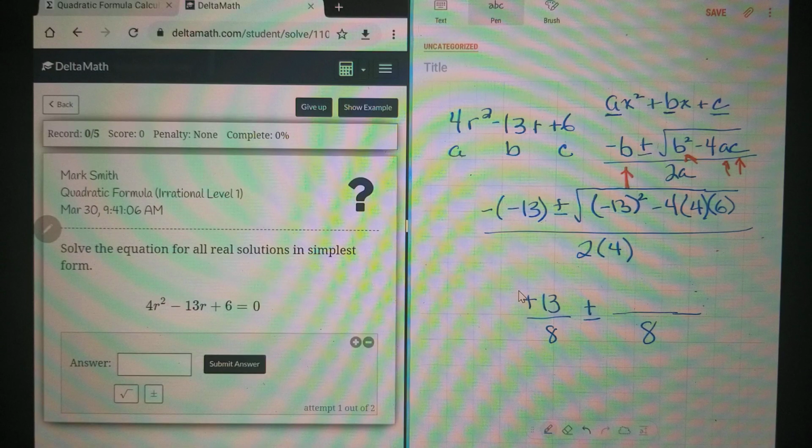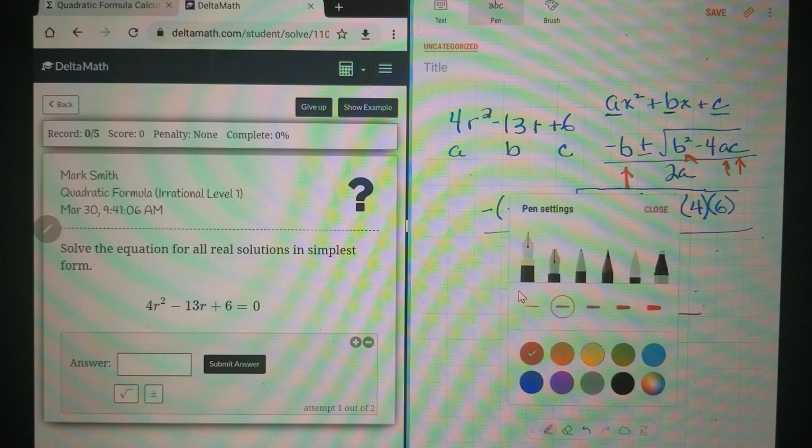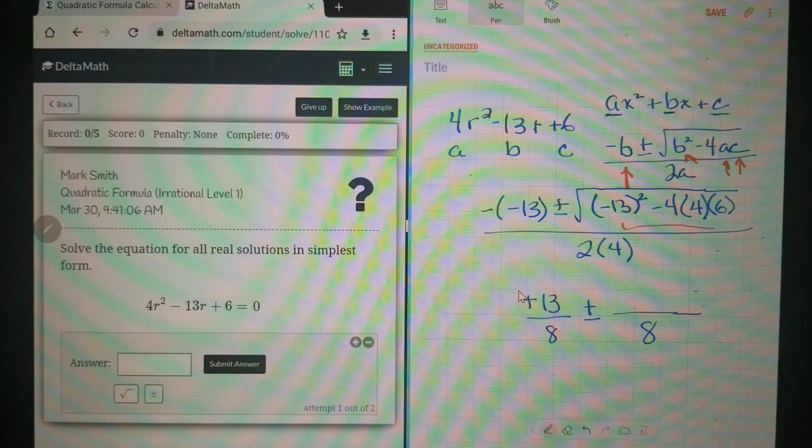Now I have to figure out what all of this stuff is underneath the radical. 13 squared is 169. Then we're going to subtract 4 times 4 is 16, and 6 times 16 is 96. So we're going to subtract 96.